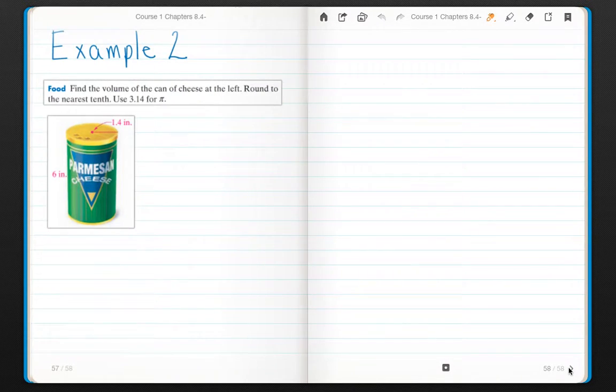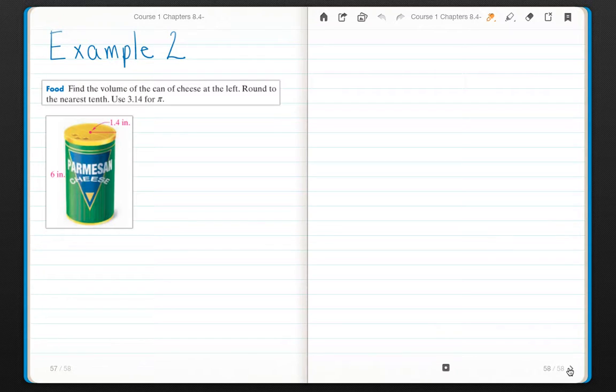So let's move on to example 2 and let's talk about volume. How do we find the volume of a can, of this particular can of cheese? So what we're going to do is we're going to find the area of the base, which is the circle. So volume is going to equal the base times the height. Well, that base is a circle.